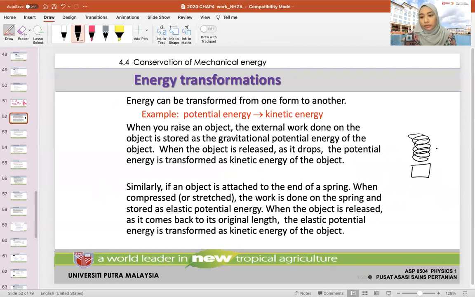And I told you if this extends, we are actually extending the spring, right? But this mass goes down by h when we extend it. So this is the new position and this is the new length of the spring. So you would have a decrease in gravitational potential energy.